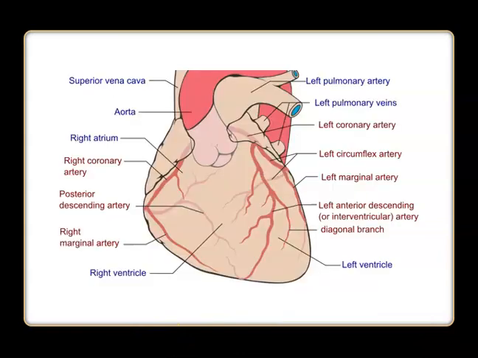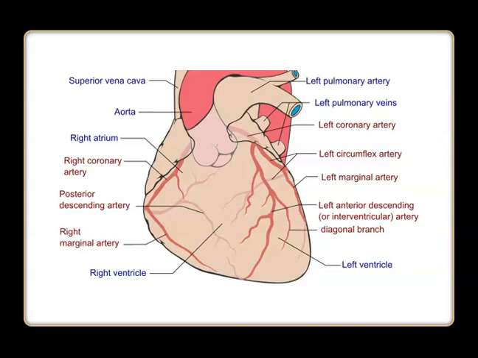So you have two main coronary arteries, the right and the left arteries, which supply blood, oxygen, and nutrients to the myocardium. The left main coronary artery divides to form the anterior descending and the circumflex arteries. Anterior descending artery supplies the anterior interventricular septum and the left ventricle.